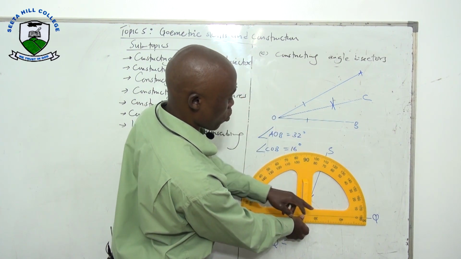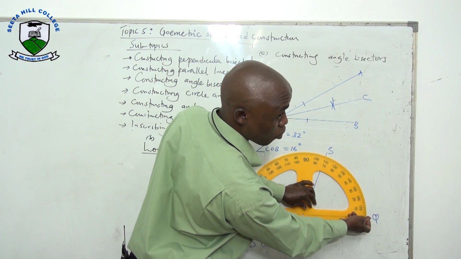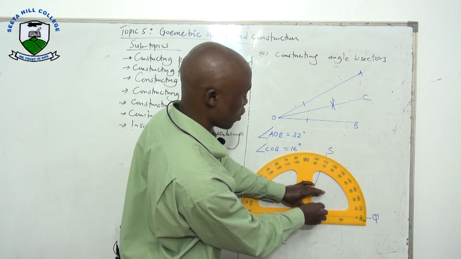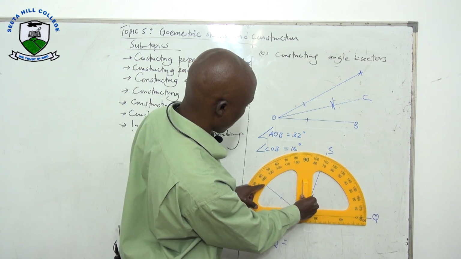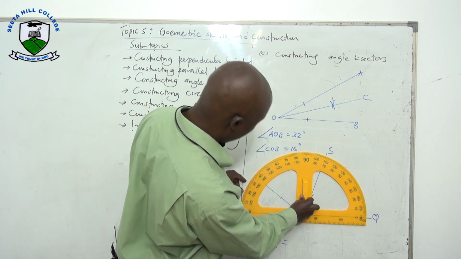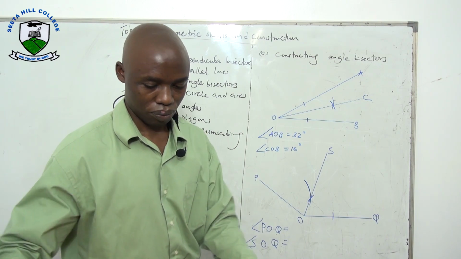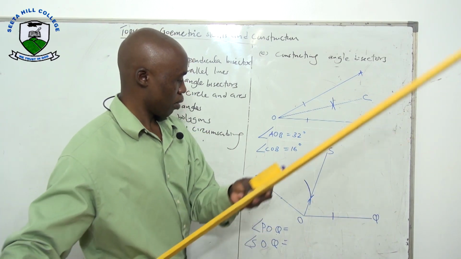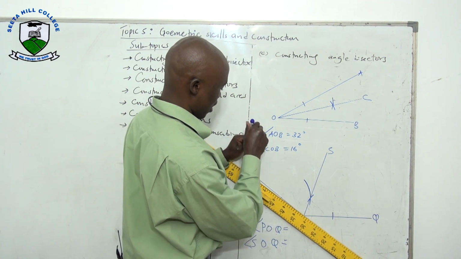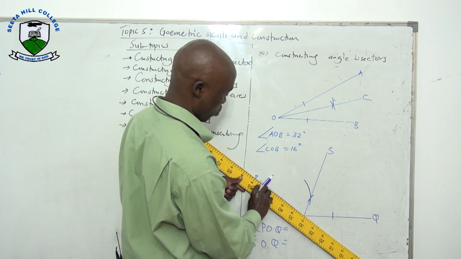Then we say if you lie on this line it becomes 0. Then you have to count the inner scale which starts at 0. That means you are ending on 140, mine is around 140. I have to extend this line to be visible.